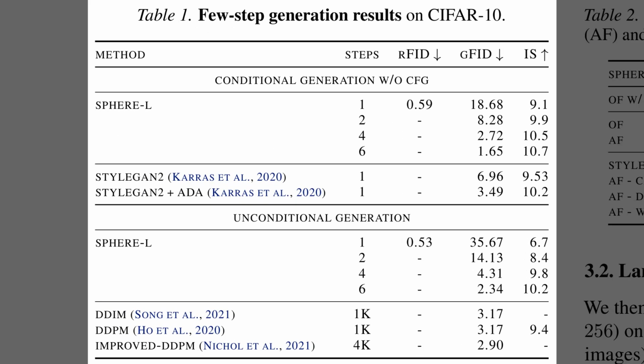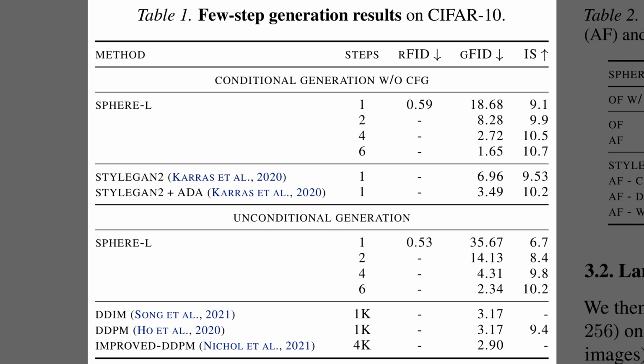So, Table 1 quantifies these generation results on the CIFAR 10 dataset. In the top section for conditional generation without classifier-free guidance, the Sphere L model improves rapidly as steps increase, reaching a generation FID of 1.65 in just 6 steps, which outperforms the StyleGAN 2 baseline. The bottom section is even more revealing for unconditional generation.